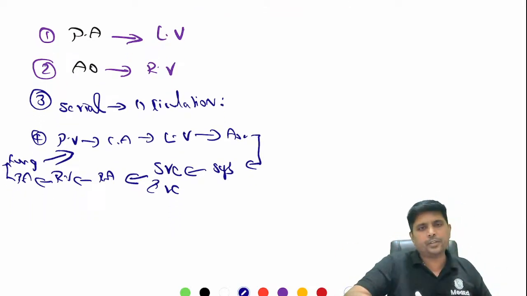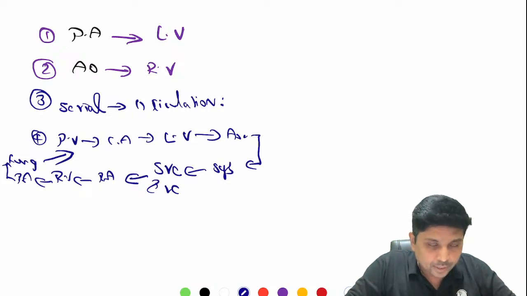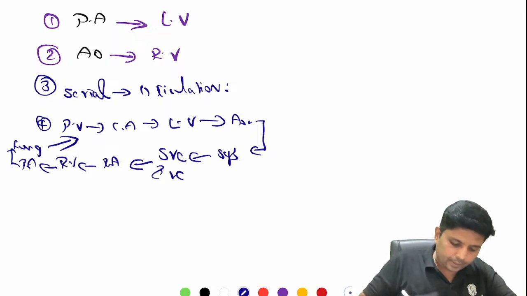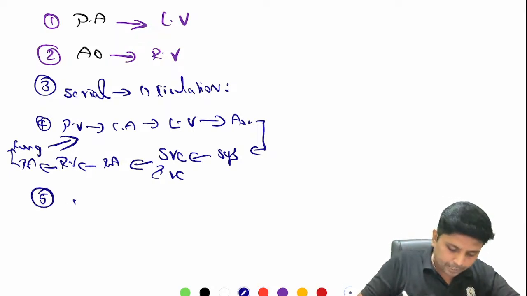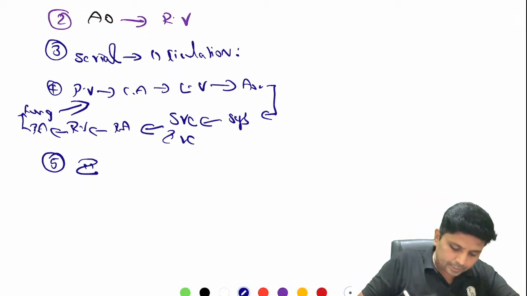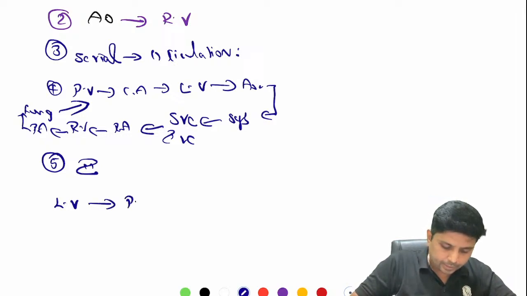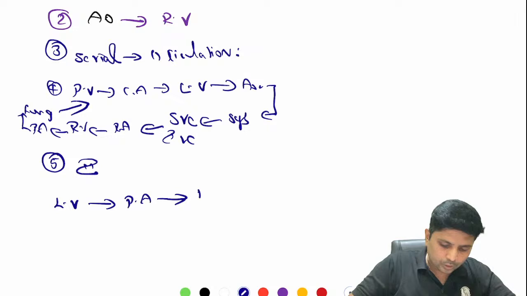But because of pulmonary artery arising from the left ventricle and aorta arising from the right ventricle, it becomes parallel circulation. Let us see. From the left ventricle, pulmonary artery arises and goes to lungs.